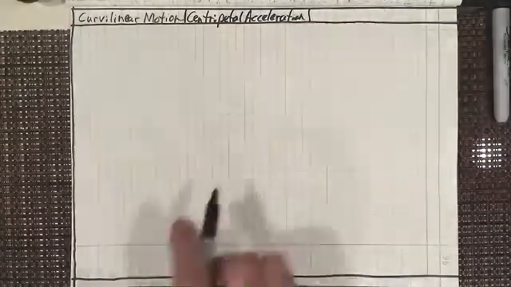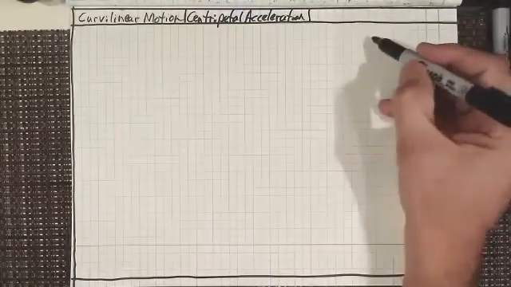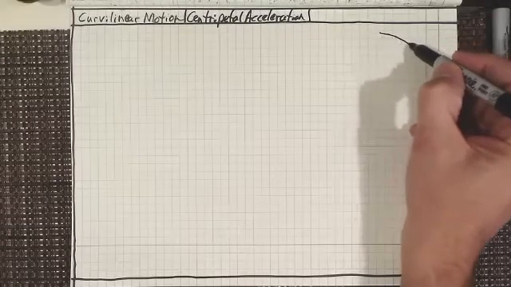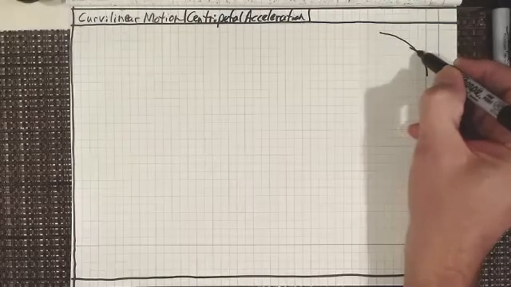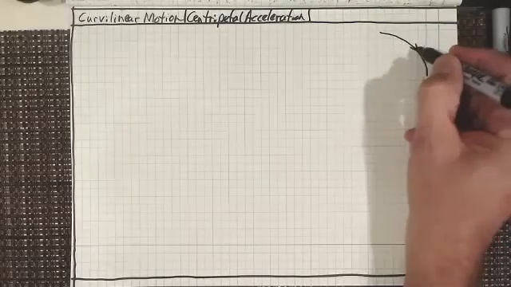And I'm sure you'll remember my derivation of that, but what we ended up finding was that when a particle or vehicle or whatever is going around a curve, we've got two types of acceleration here.